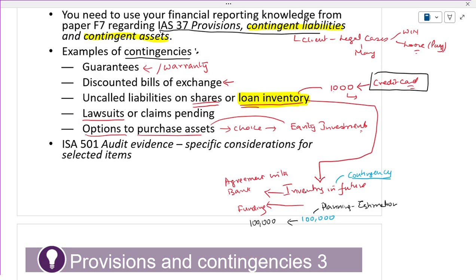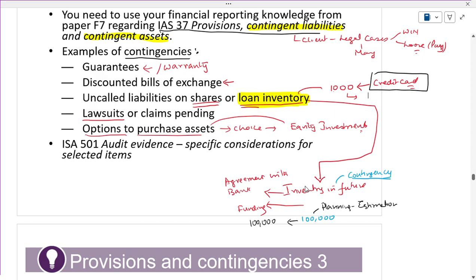If that is the case, has the client any understanding with the bank regarding any loan inventory? Is there any contingency, any understanding? Words are very, very specific.